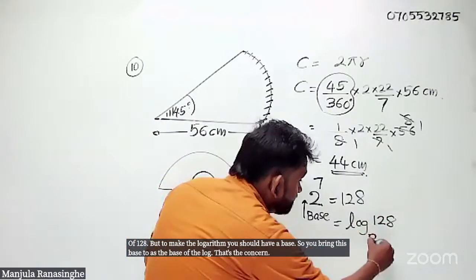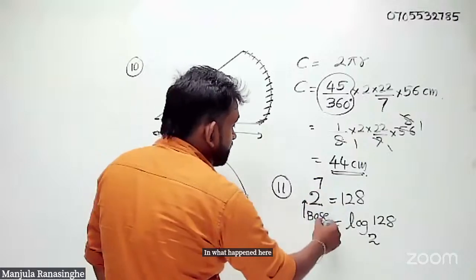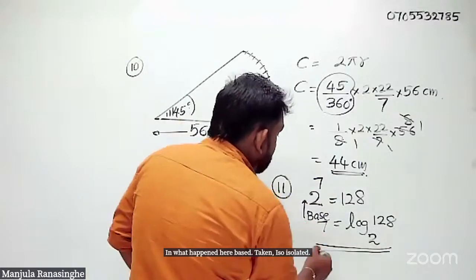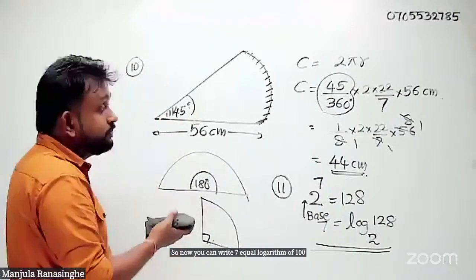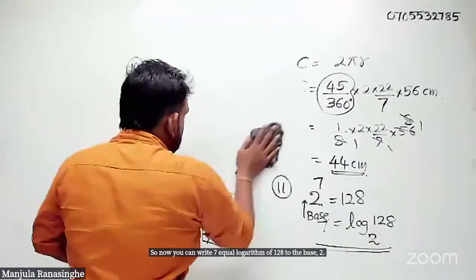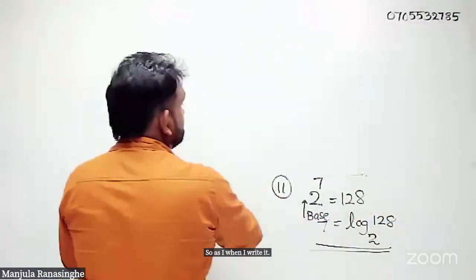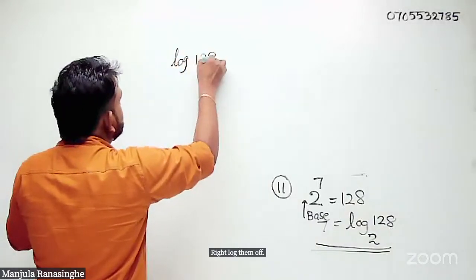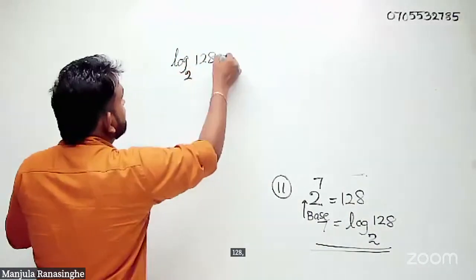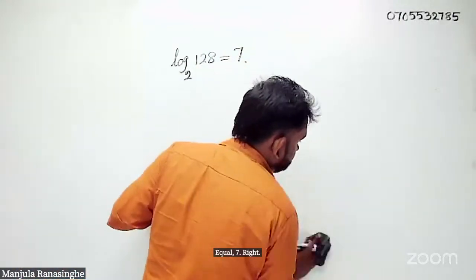Base taken, here 7 isolated. So now you can write 7 equal logarithm of 128 to the base 2. As when I write it on the top, this is the answer: logarithm of 128 to the base 2 equal 7.